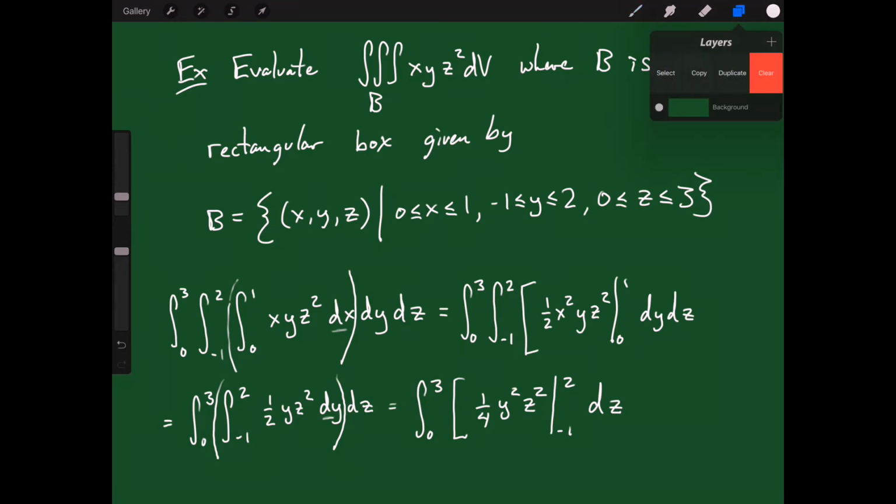So I'll erase real quick, and I get that this is equal to the integral from 0 to 3 of, I need to plug in the 2, and I get z squared, minus, plug in the -1, and I'd get 1/4 of z squared. All of that dz.